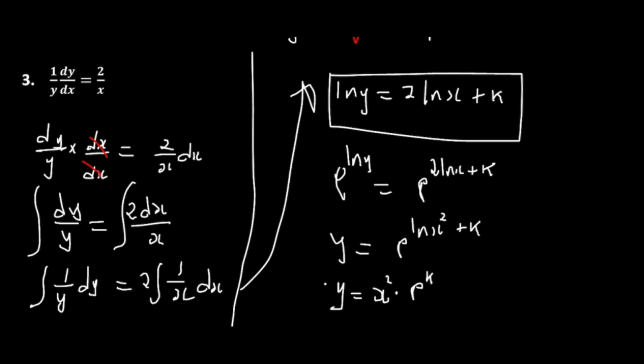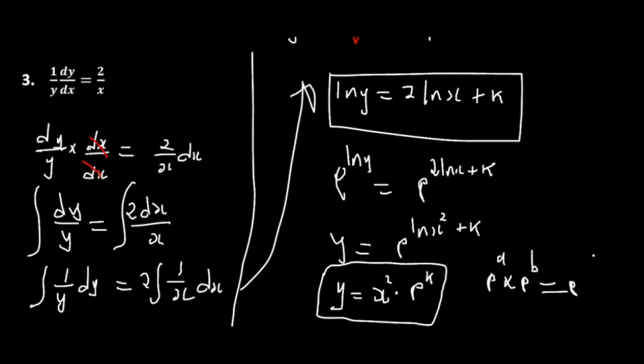Now this is actually a trick, because most of the time students will write y equals x squared plus e to the power k, but that's not the case. From the law of logarithm, if we have e raised to the power a times e raised to the power b, then this can simply be written as e raised to the power a plus b. That is why here I take a product.